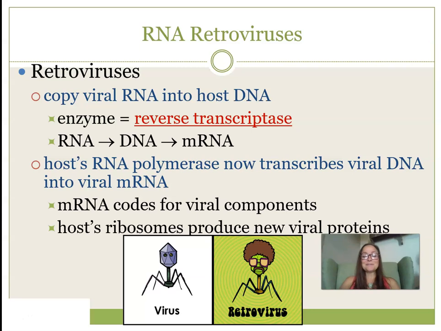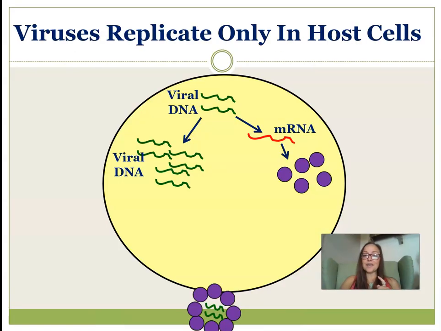Okay. Now we do have some viruses that are called RNA retroviruses. Oh, I should mention since this is coronavirus time, the coronavirus is an RNA virus that uses the RNA, and that RNA has the genes in order to make more copies of its capsid and replicate that way.